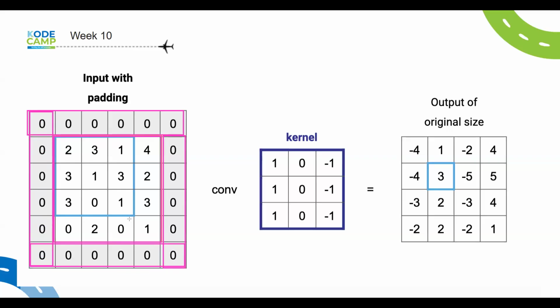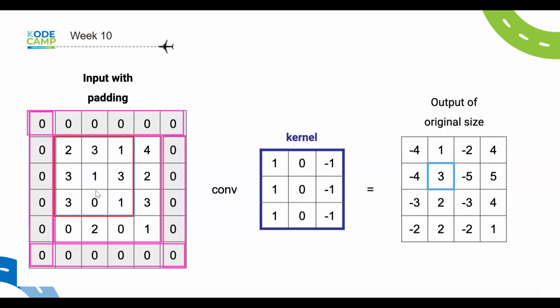So the question is, why do you add padding? We'll talk about that later. But the main reason in this case is that if I were to just use this without padding, I'll be able to move this kernel twice because the kernel size has to be 3 by 3. So I can only move it 2 steps. The first one, it will be here.